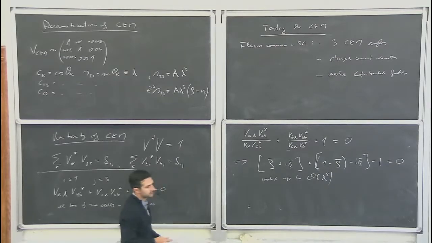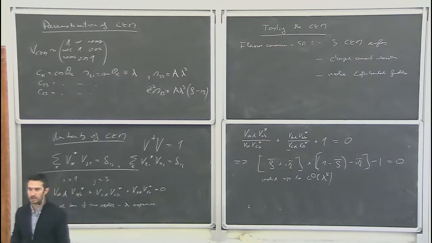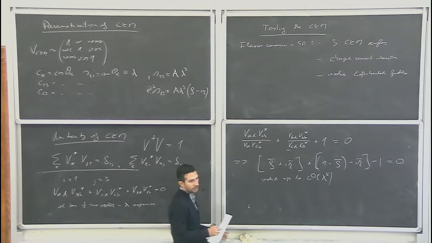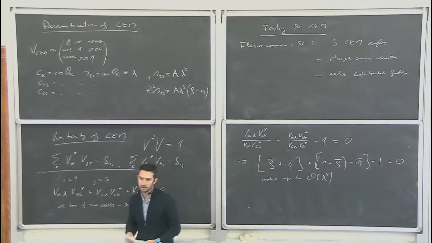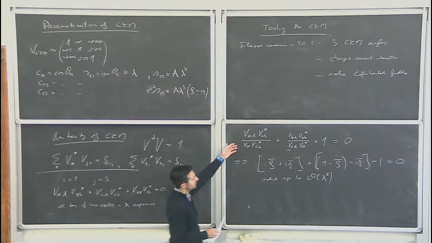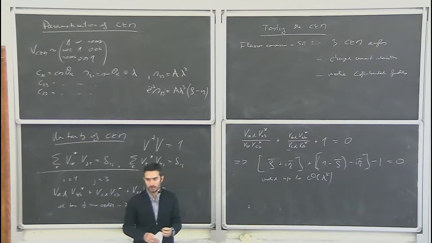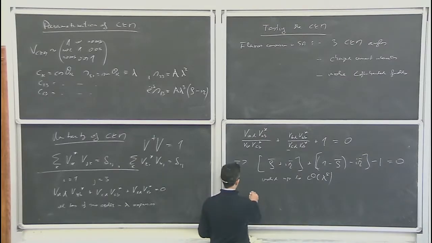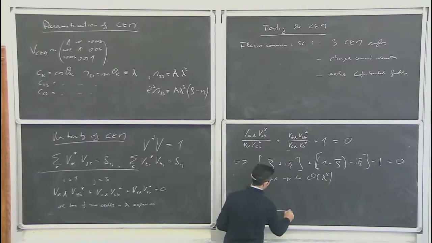So if we have a sum of 3 complex numbers which sum up to 0, this defines an equation of what kind of object in a complex plane? It's a triangle, exactly. So this actually defines a triangle in the complex plane. So let us visualize it.